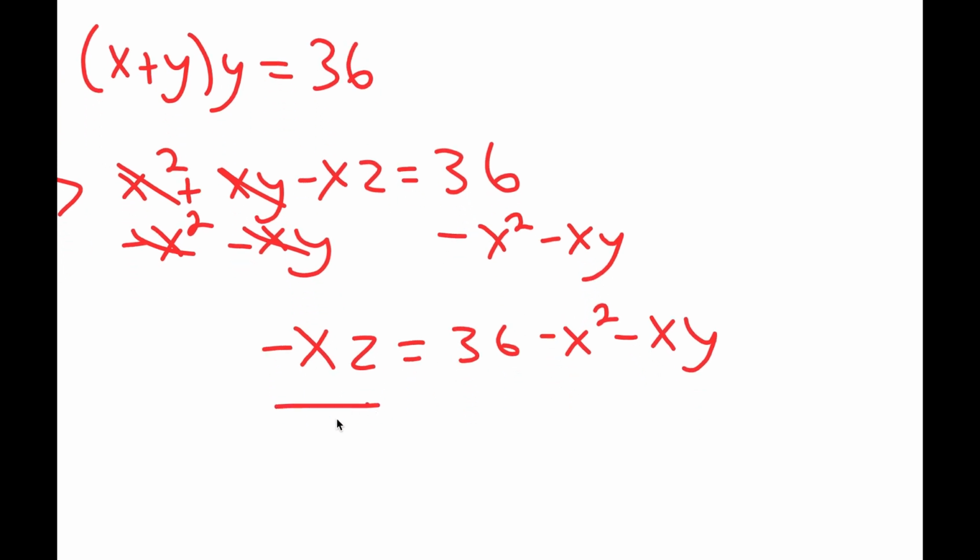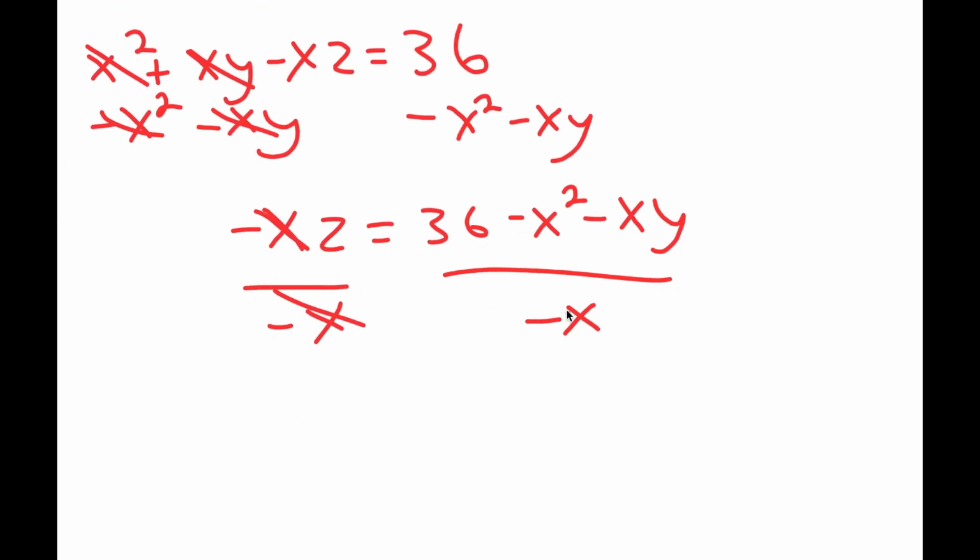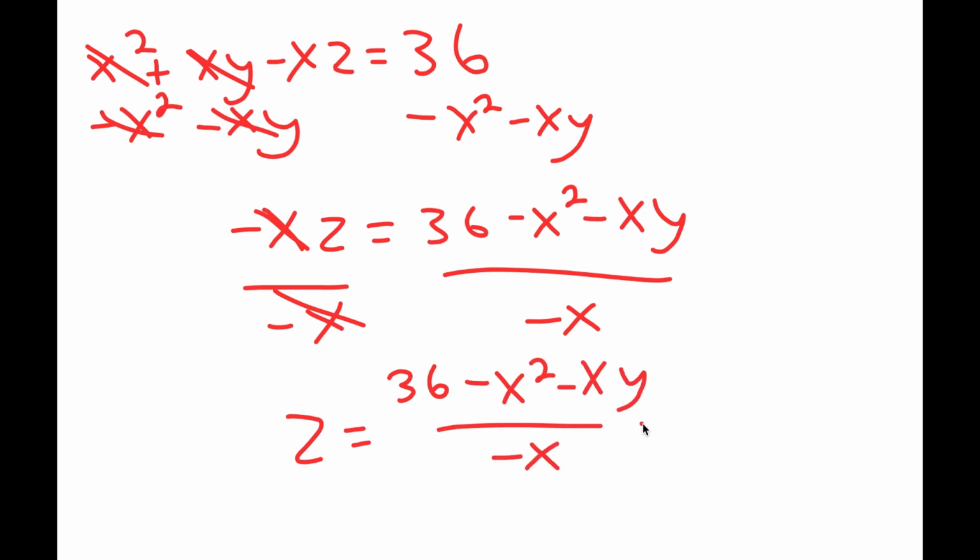Finally, I'm going to divide both sides by negative x, and because I'm dividing by a negative, all the signs change. So this turns into negative 36 plus x squared plus xy over x. So this is the value of z.